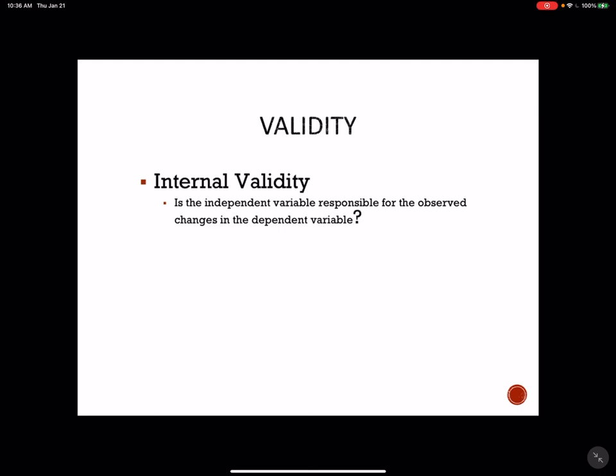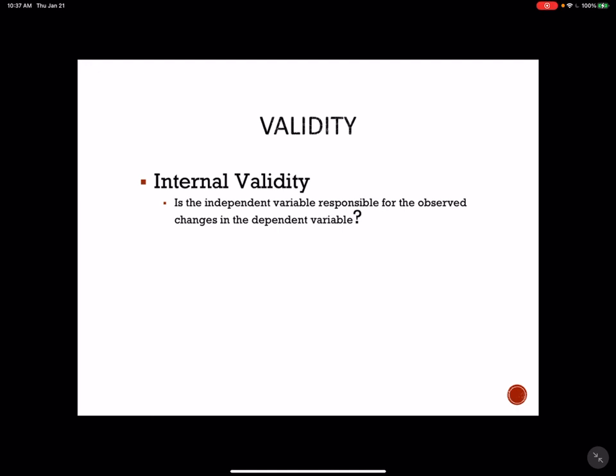So you've got that down, the independent variable versus the dependent variable. So that brings us, now that you understand that, you can understand the first type of validity. That's internal validity. And what that basically asks is, is the independent variable responsible for the observed changes in the dependent variable?